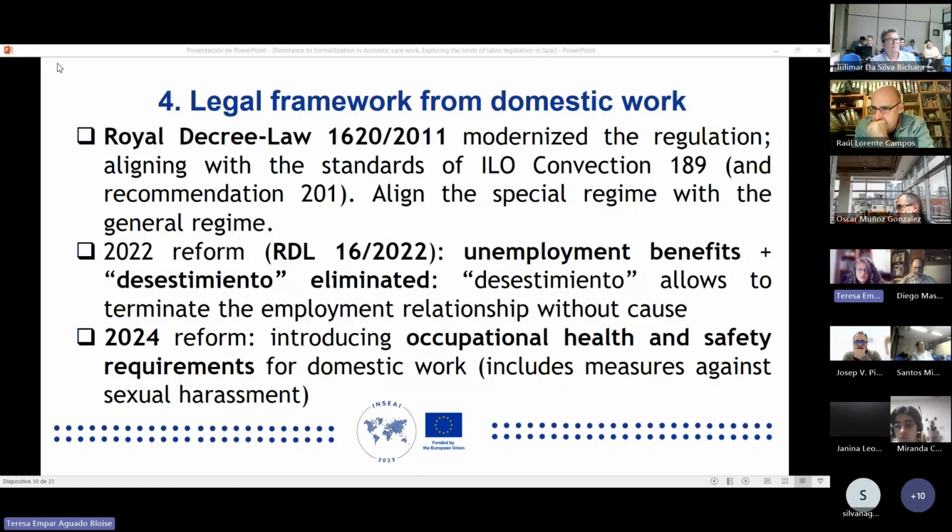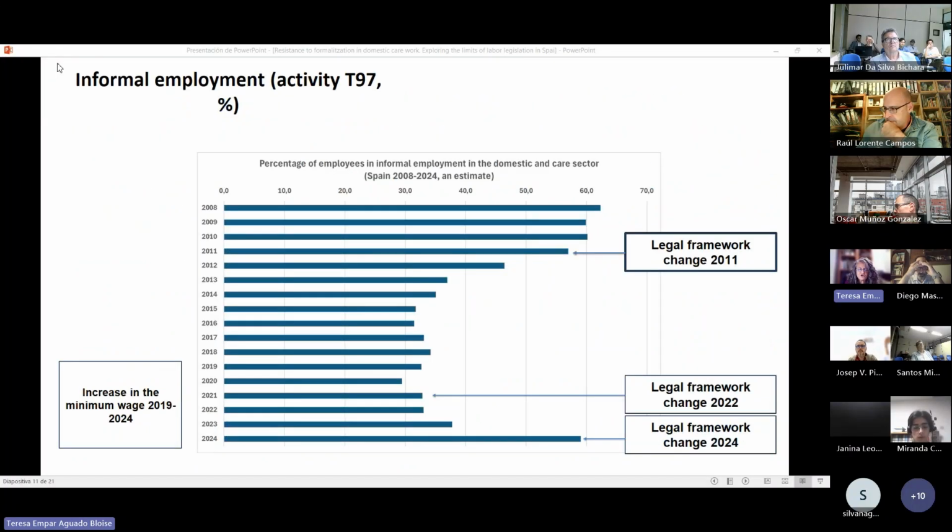Finally, the 2024 reforms introduced occupational health and safety requirements inside private homes, including risk assessment and protective measures.